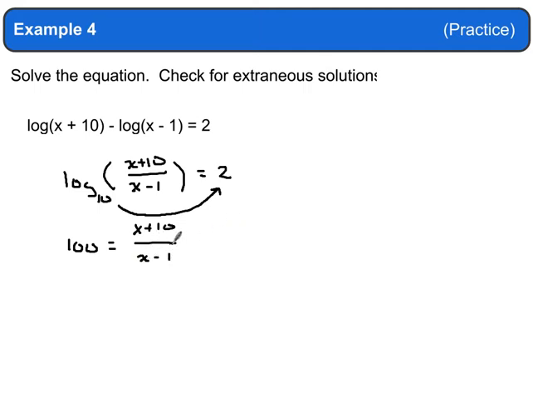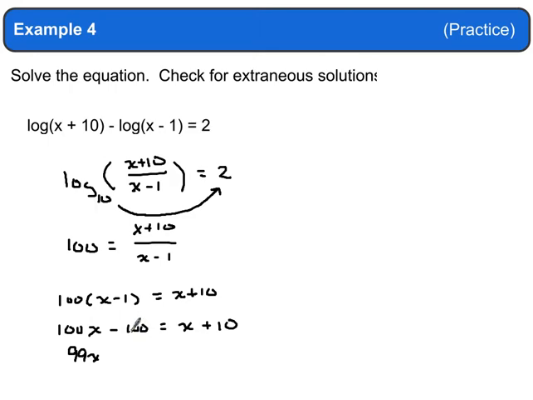To undo division, I have to multiply on both sides. So I'm going to multiply 100 by x minus 1 and set that equal to x plus 10. Now I do the distributive property and I get 100x minus 100. That's going to equal x plus 10. I can minus this x over here, so 100 minus 1 is 99x.